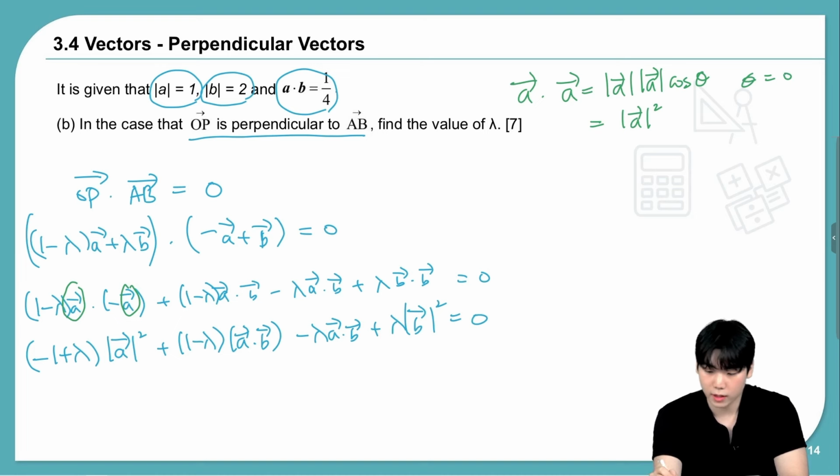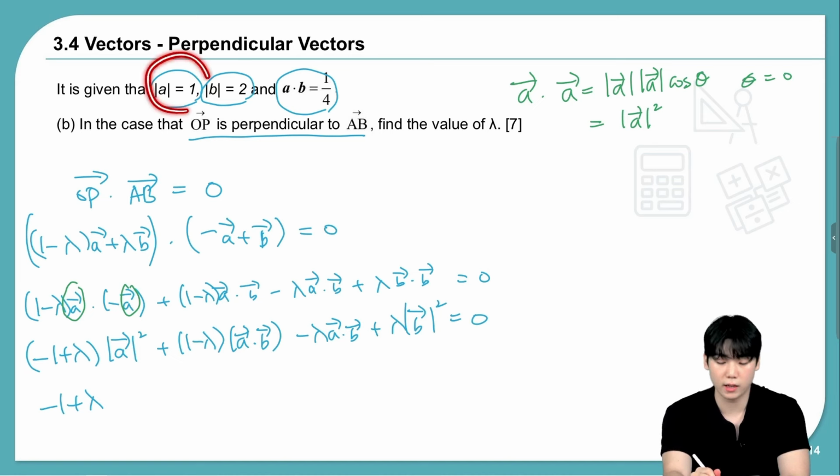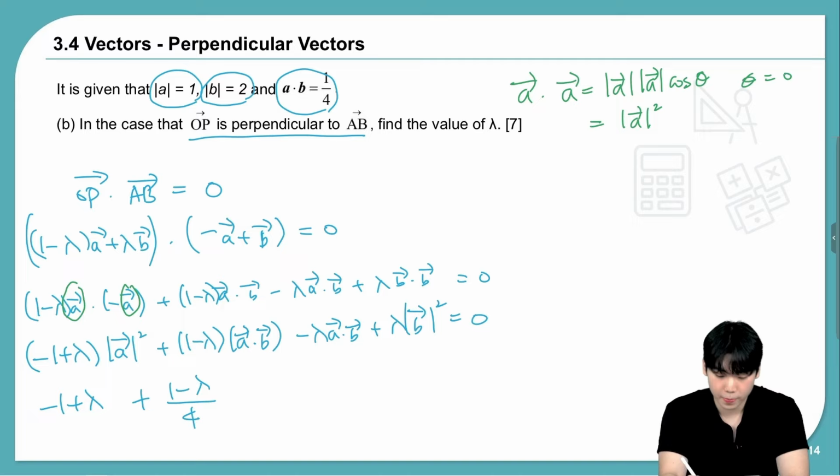So I can sub in the values, minus 1 plus lambda, the modulus of A is 1, so 1 squared is just 1, plus A dot B is 1 over 4, so it's minus 1 lambda over 4, minus lambda over 4, plus 4 lambda, and that is equal to 0.